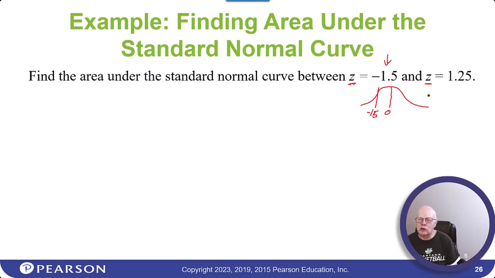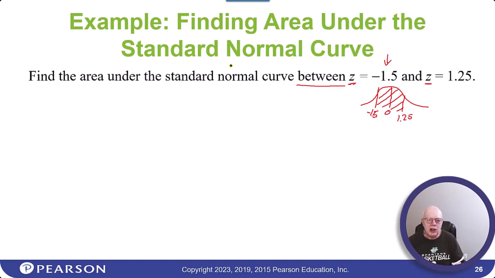And we want to go to 1.25, which will be over here, 1.25, positive. And we want what's between those two, so we can shade that area in on our curve, on our picture, and we can see that we're going to be looking at that area. We know from the picture where we're going to start, where we're going to stop.